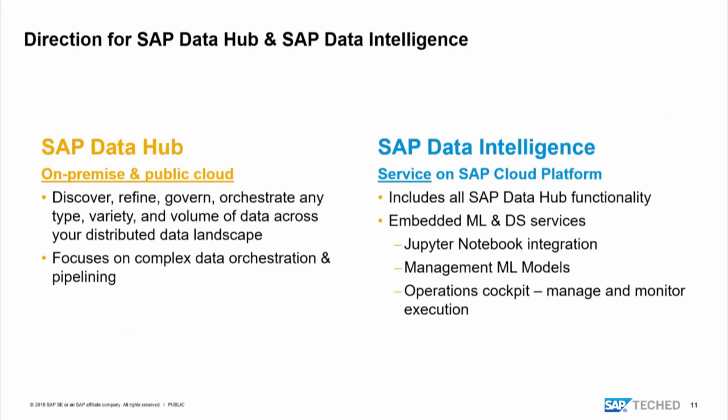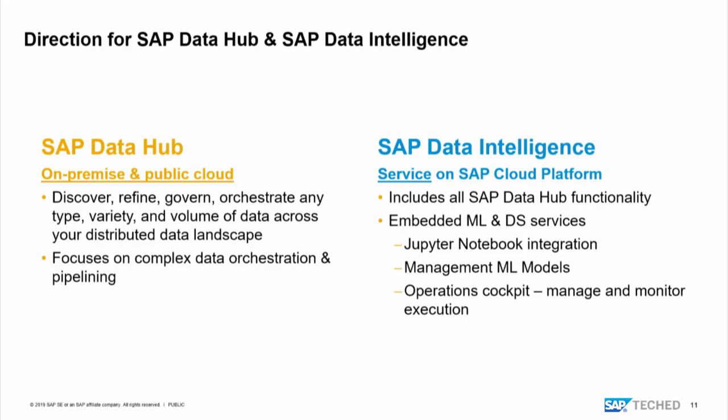And SAP Data Intelligence, in contrast to Data Hub, is a service. Data Hub is an on-premise product which you can download from SAP and deploy, for example, in any environment where we have Kubernetes. I come to that in a second. That means in public clouds or on bare metal on-premise.